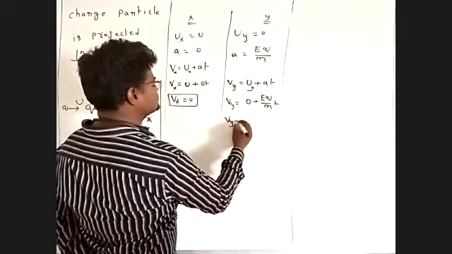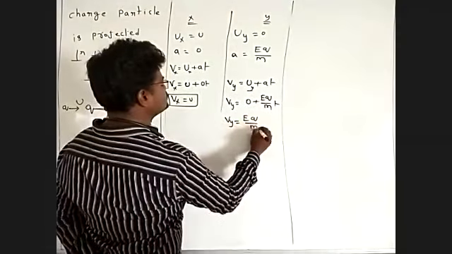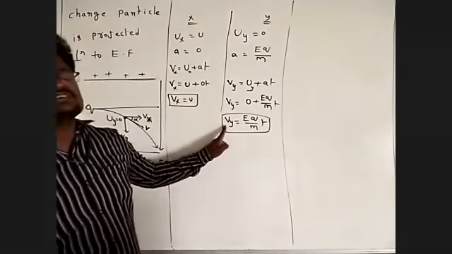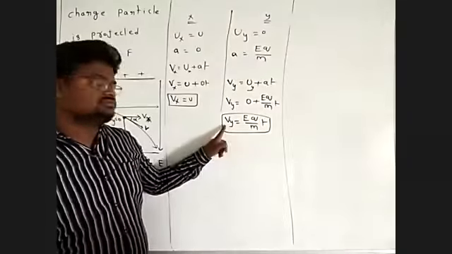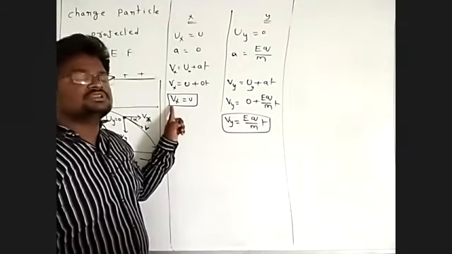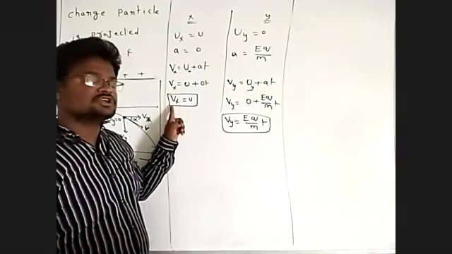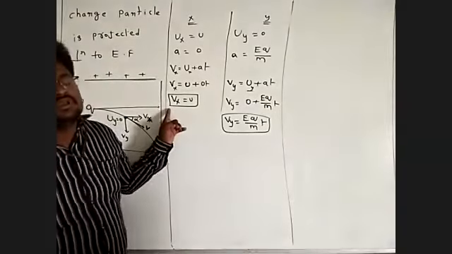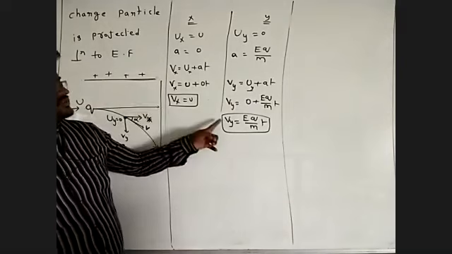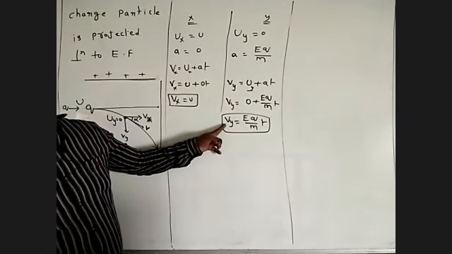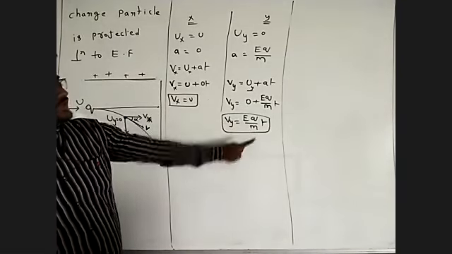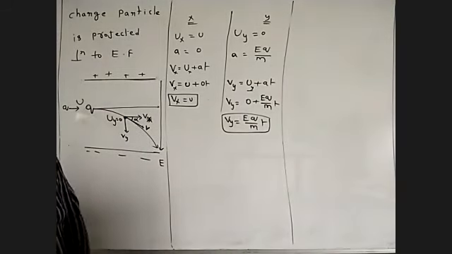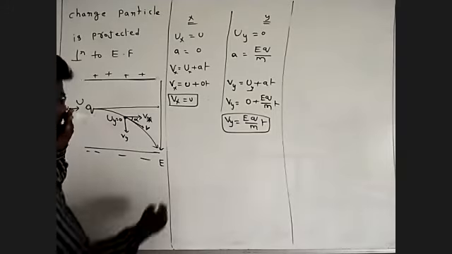This is the velocity of the charged particle in the y direction. The charged particle moves in the x-axis with uniform velocity. In the y-axis it is qEt by m. Next, how much distance is traveled by the charged particle in the x-axis and y-axis?